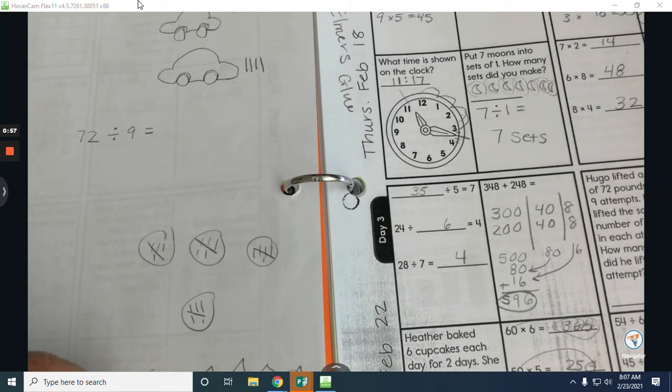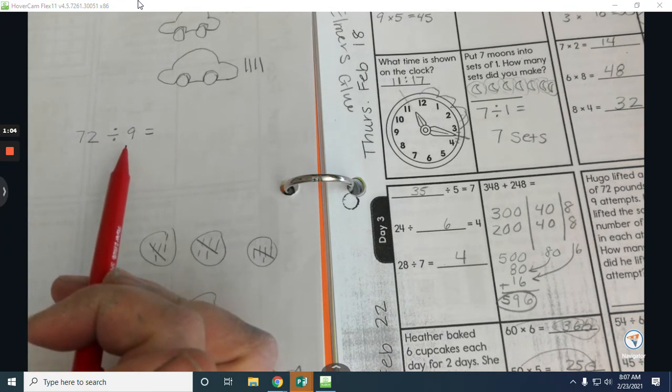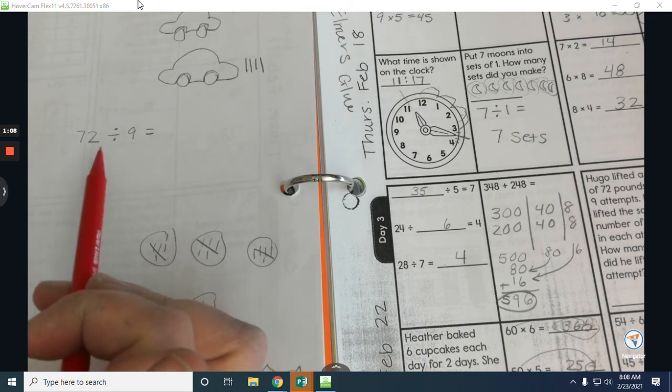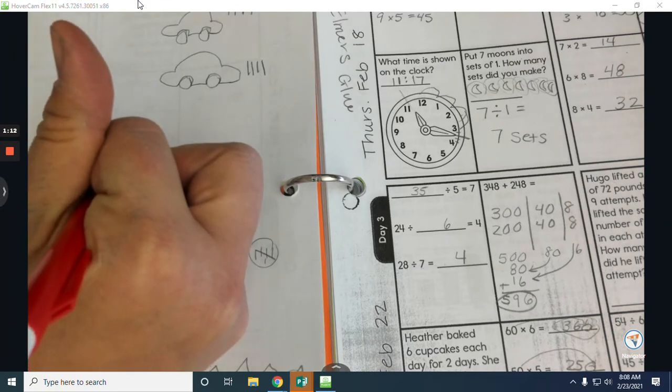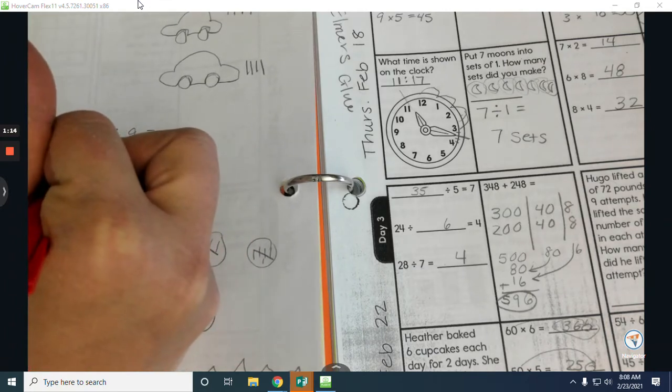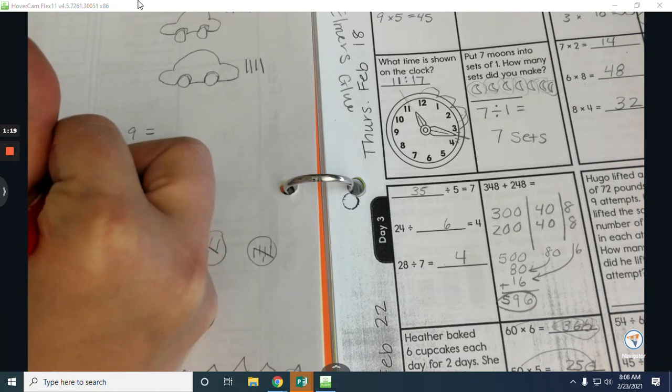Well, we've been working on our tens, and remember 9s are basically a 10 minus 1. So the closest number to this one is 80, right?